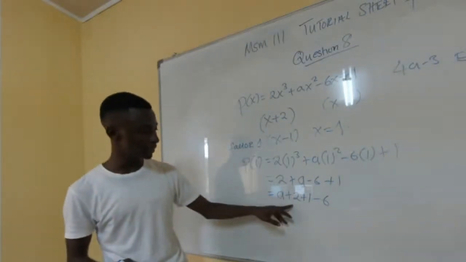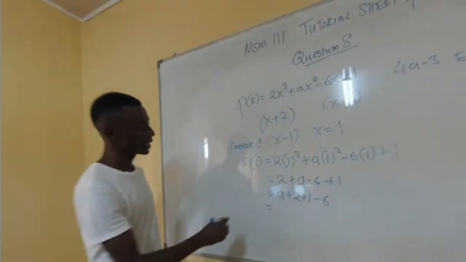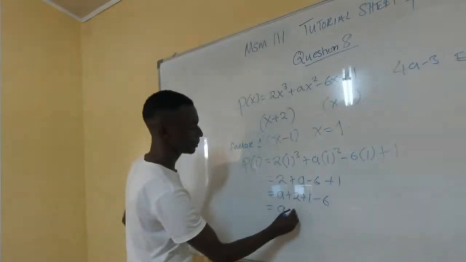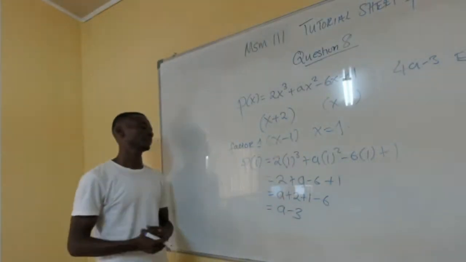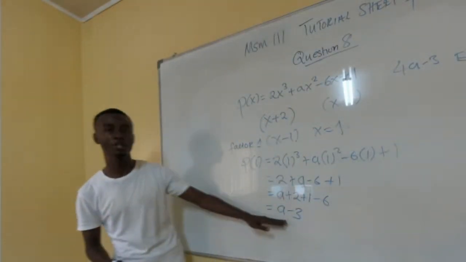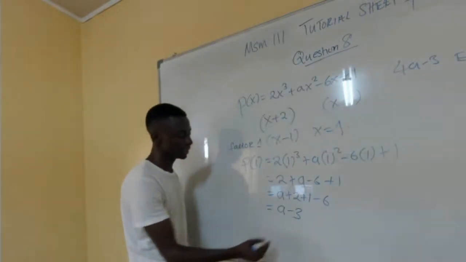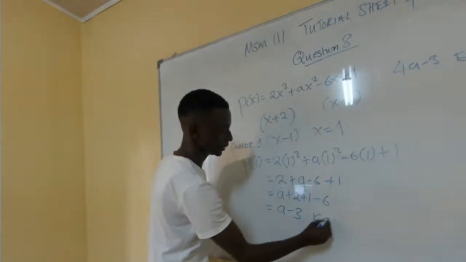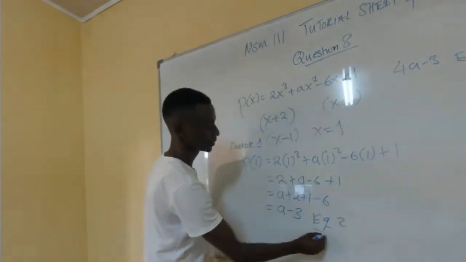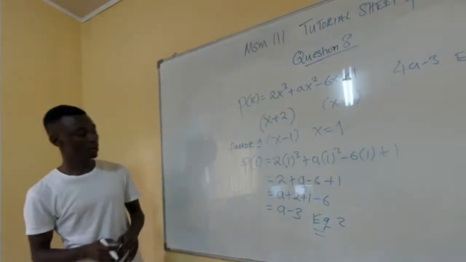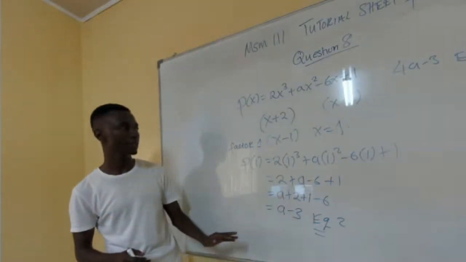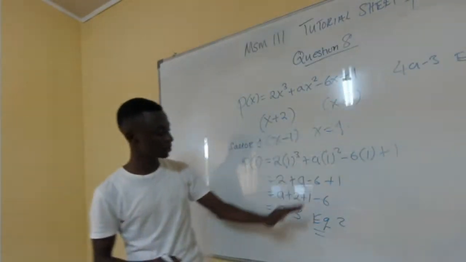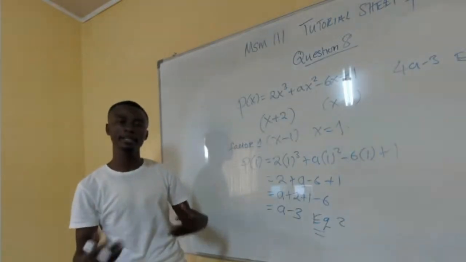We're getting a minus 3. That's what we're getting. So that's your equation 2. So you even say EQ2.